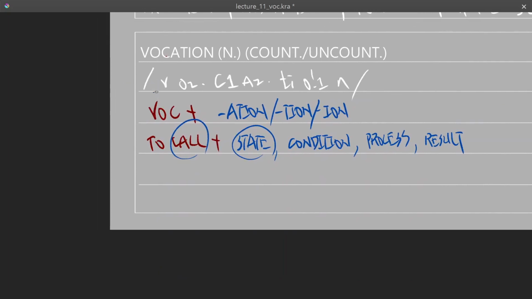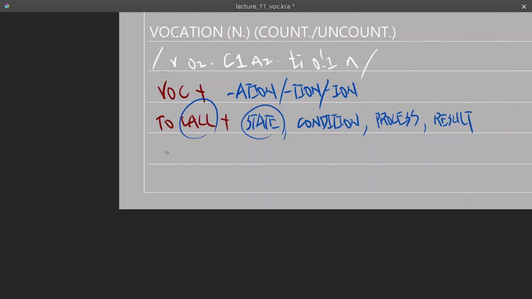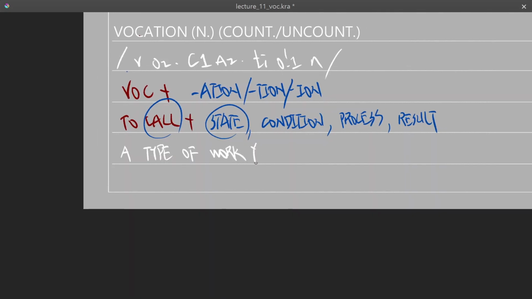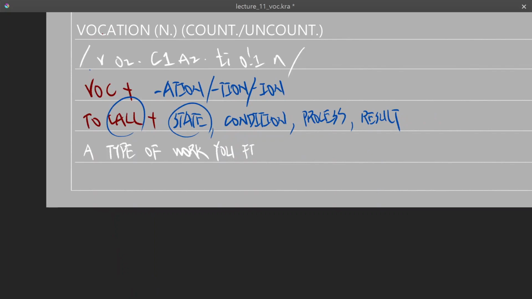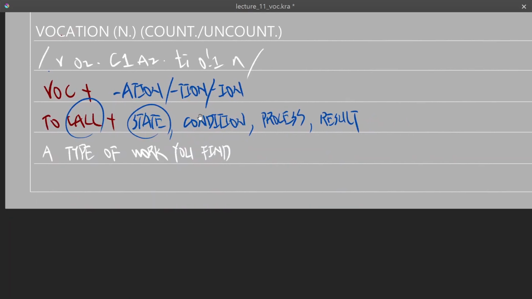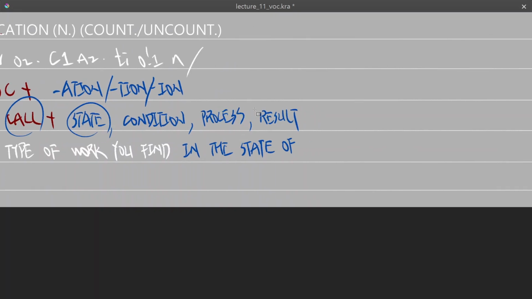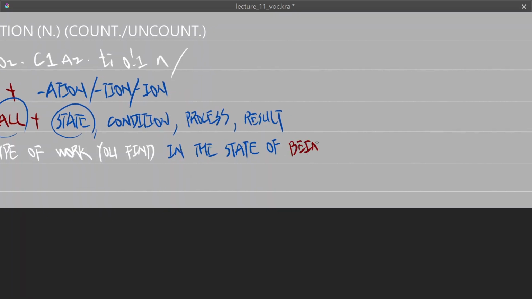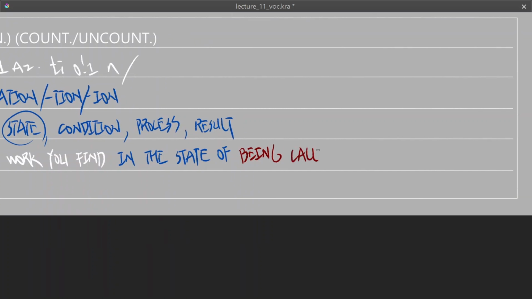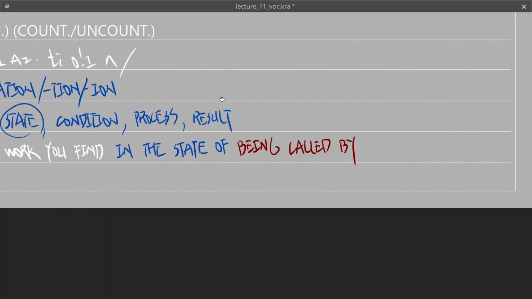So we have a type of work or job, the type of work you find in the state of being called by whom?